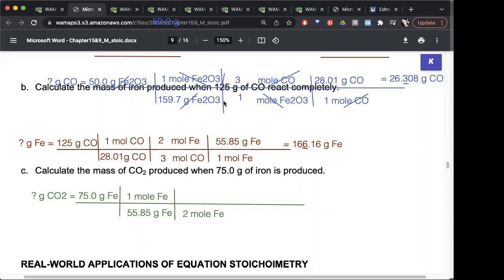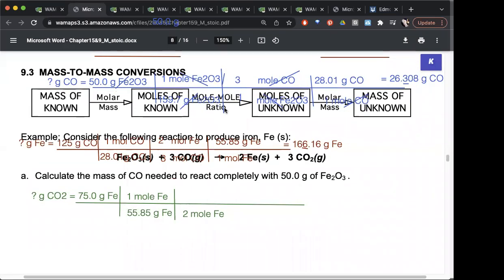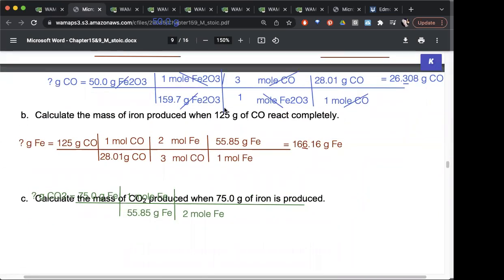Oh, I haven't looked at the CO2. Let me go take a look at the CO2, 3 of those as well.